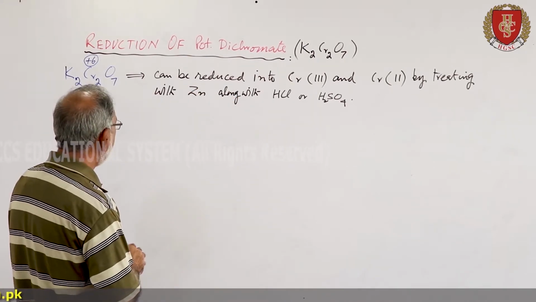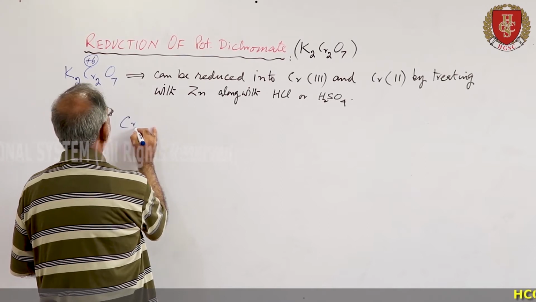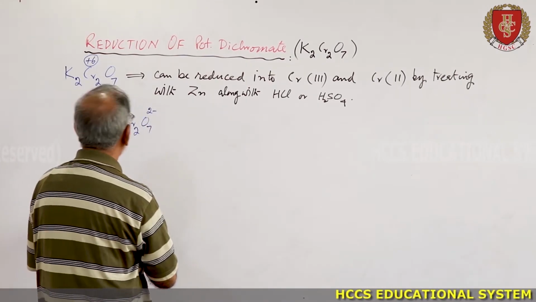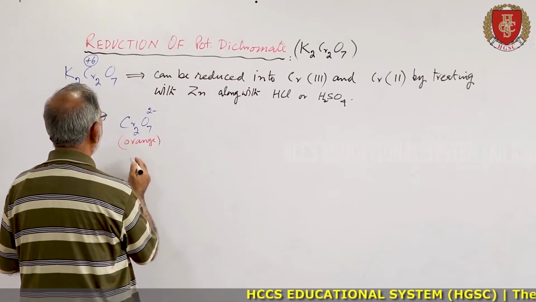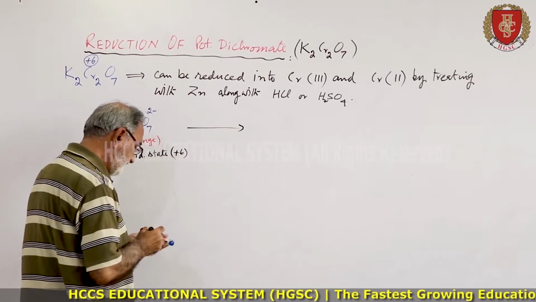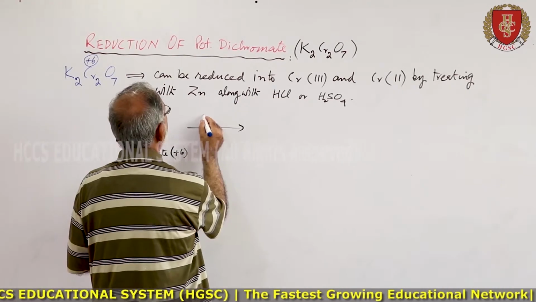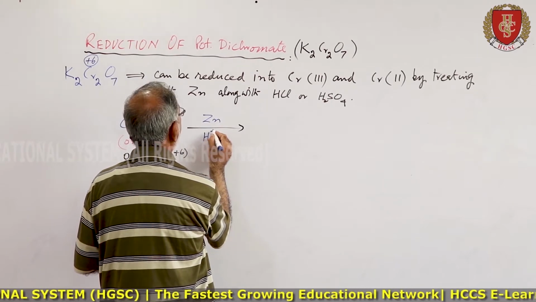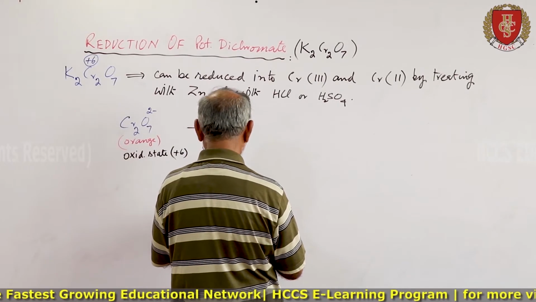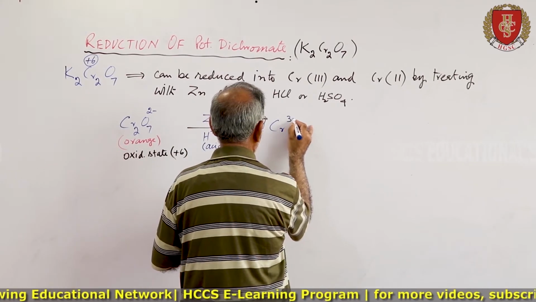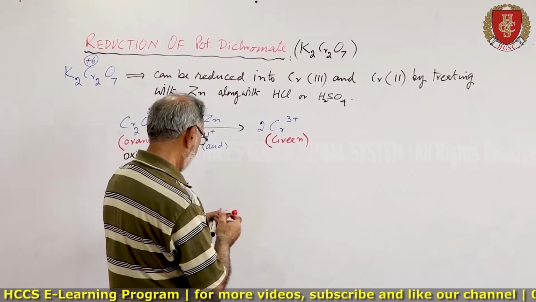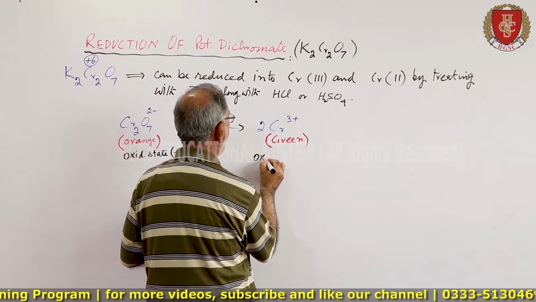Now the dichromate, Cr2O7 2-, is orange with oxidation state +6. Now when it is treated with zinc and H+ ion from the acid, it changes to chromium +3. This is green, this is orange, and oxidation state +3.